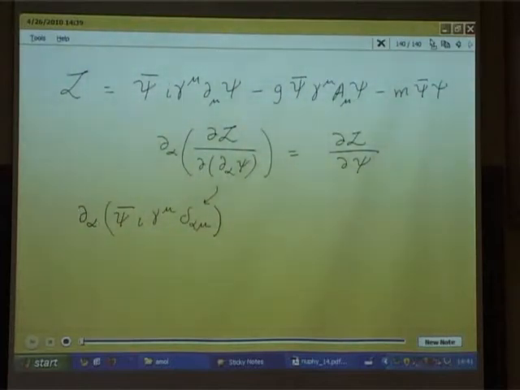I did not use mu because, if I had taken mu, then I would have had mu appearing three times. That is equal to del L by del psi, which is another sequence. So this is just equal to minus g psi bar gamma^mu A_mu, minus m psi bar.